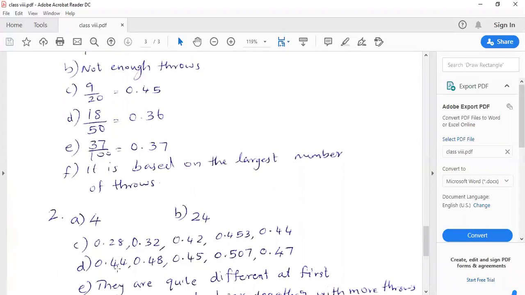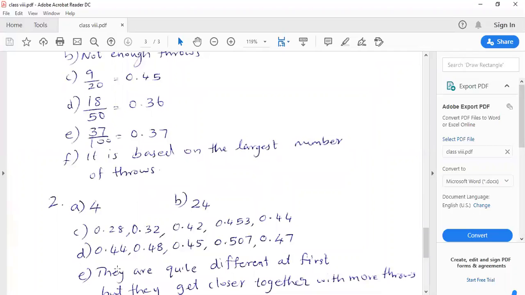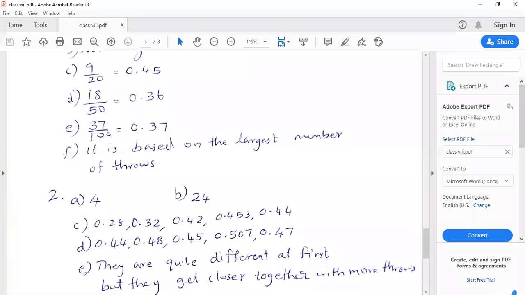So we will write it like this: they are quite different at first, but they get closer together with more throws.